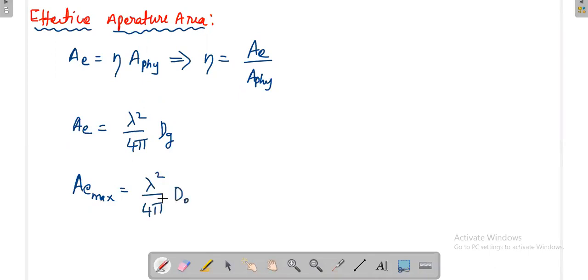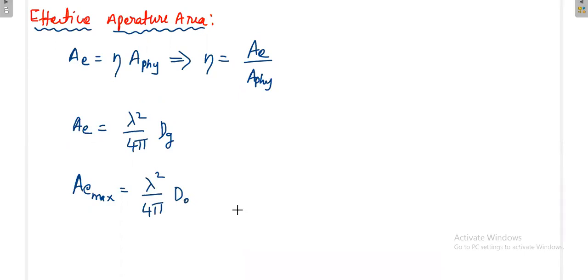That means maximum directivity. So from this, once if you replace this, finally directivity is equal to 4 pi effective aperture area divided by lambda square.